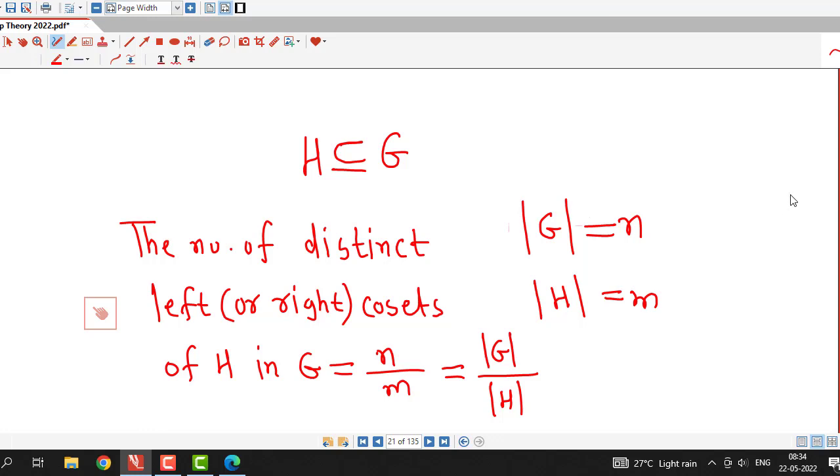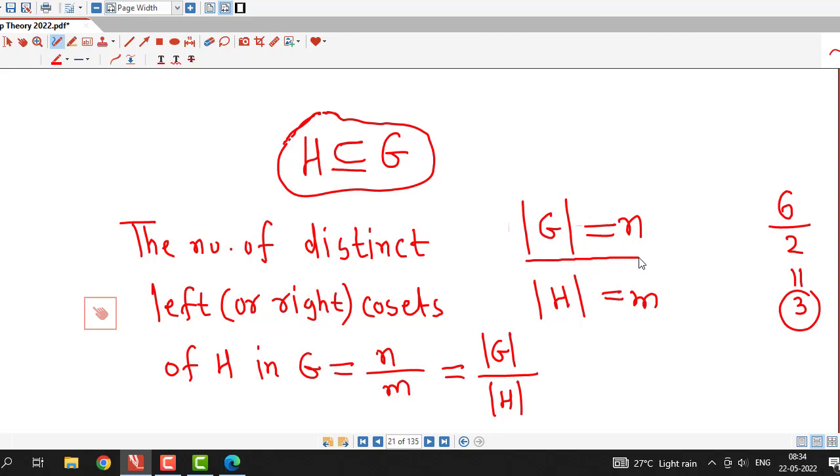In our example, the order of G is 6 and the order of H is 2, and we have seen that we obtain 3 distinct left or right cosets. So remember this remark. This will be helpful to check whether your answer is correct or not. And this is true whenever the order of the group is finite. That is, whenever there are a finite number of elements in your group, you can check your answer in this way.